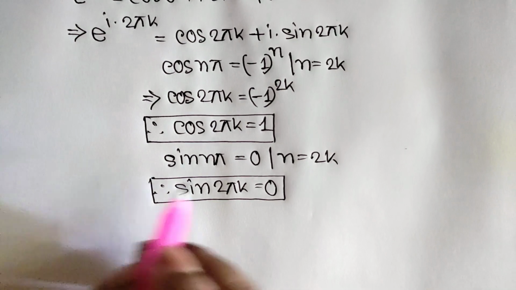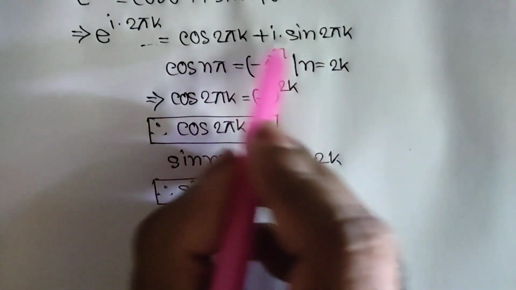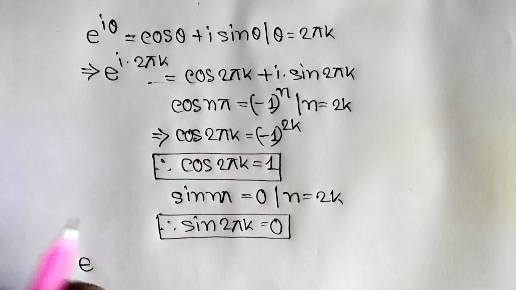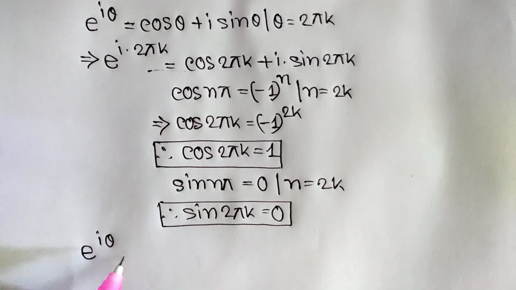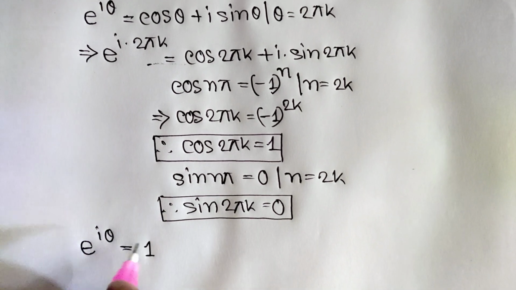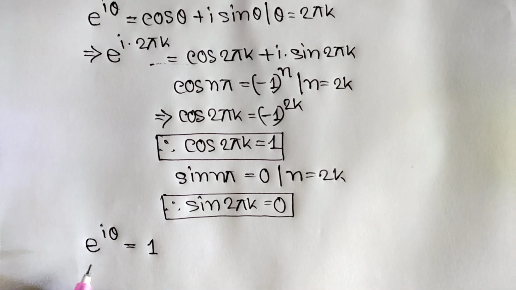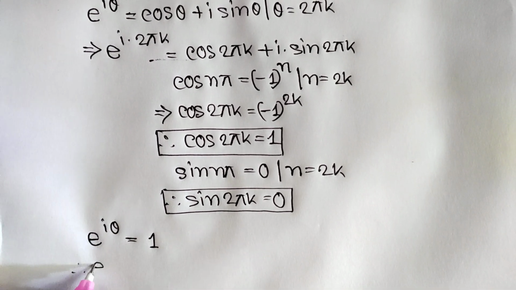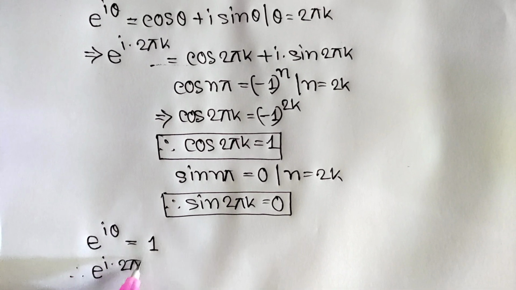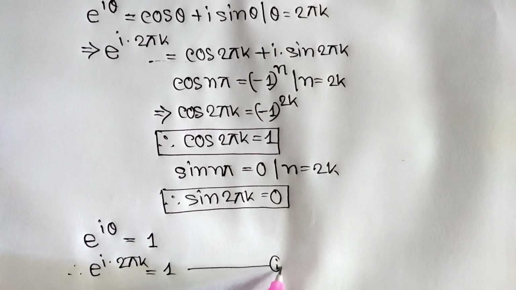Now substituting these two values in this equation, we will get e to the power i theta is equal to 1. So e to the power i times 2 pi k is equal to 1, and it is called equation number 1.